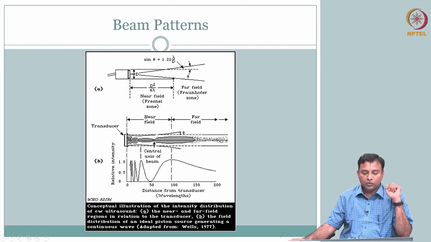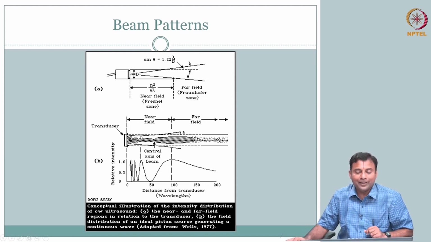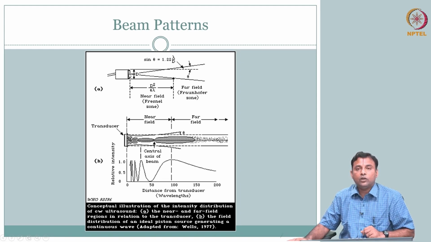Okay. So, just to circle back, complete this idea. So, now you understand what I meant. When you have this excitation from this crystal here, say in this example it is a circular transducer, you notice the beam pattern.